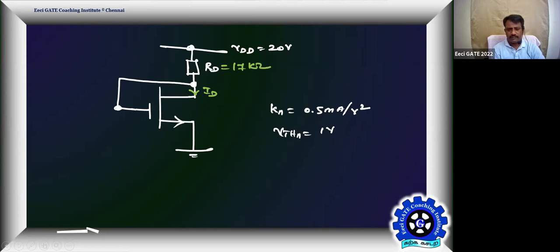RD is 17 kilo ohm. Yes, that's the data given. So when RD equals 17 kilo ohm in the given circuit, find the current ID. Yes, you can try, Dinesh and Sweta. Can you answer the problem? How are you going to approach this problem?